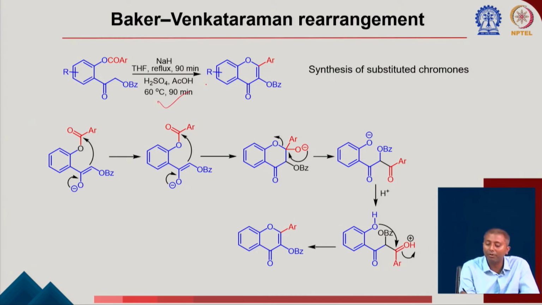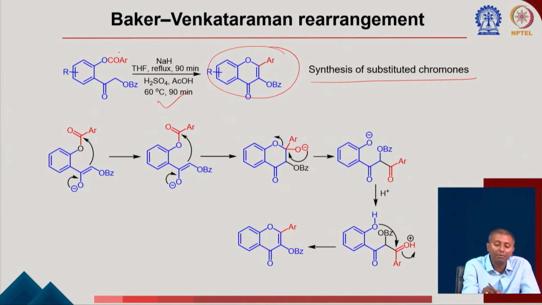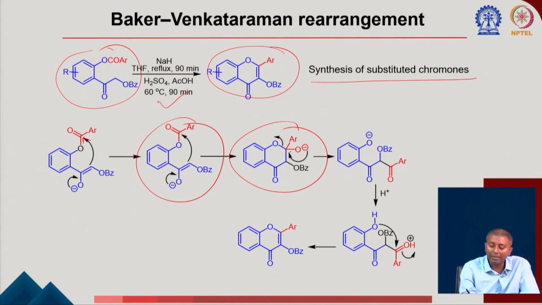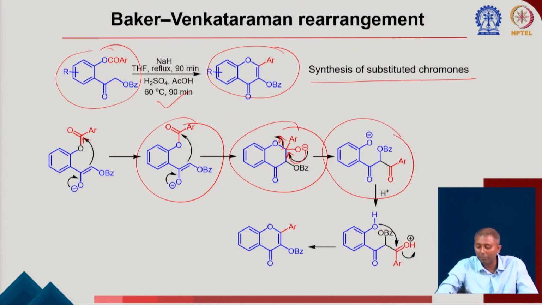Now in this reaction, after this happening, if it is treated with H2SO4, then it ends up forming substituted chromones. So starting from this compound, it can end up making the substituted chromones. Again the first step is formation of this enol, which is attacking this center, and then it is getting transferred here, and now again the cleavage, so this O minus comes back and cleavage of this carbon oxygen bond, formation of this intermediate which is getting protonated.